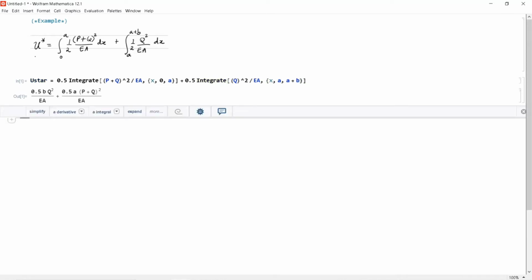Okay, hopefully it's correct. And so now I can find the derivative of U star with respect to Q, and that should give me the deflection. Let's see if that's true. Let's call this deflection.